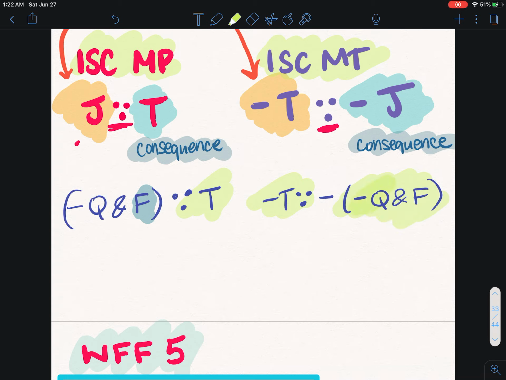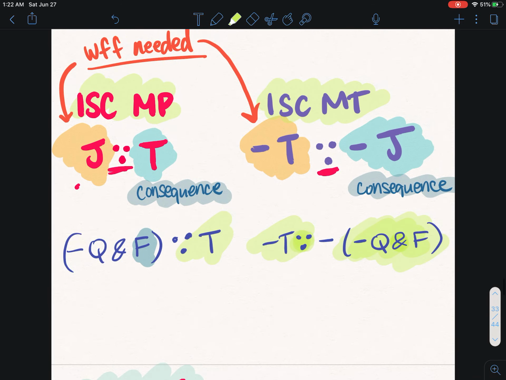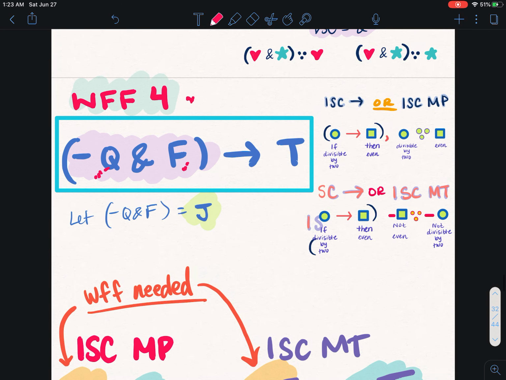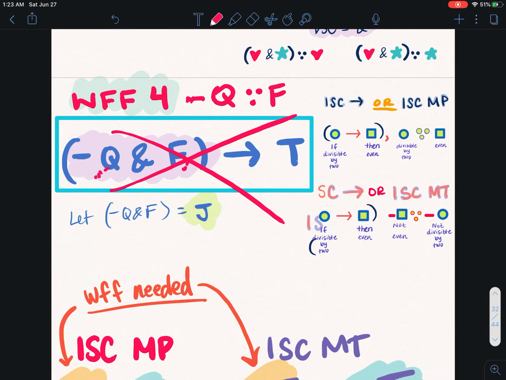So it looks like it has to be something along this line, but there is no therefore, so it doesn't make sense that it would be ISCMT or ISCMP. If wolf 4 was instead not this, but like this, then we could do something with that, but that's not what it is.